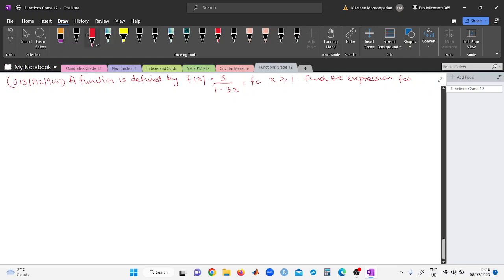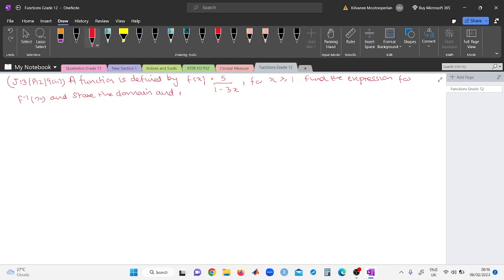Find an expression for f inverse of x and state the domain and range of f inverse.